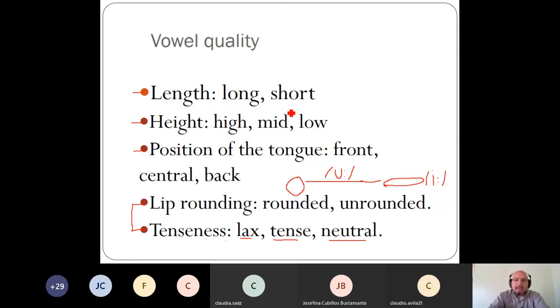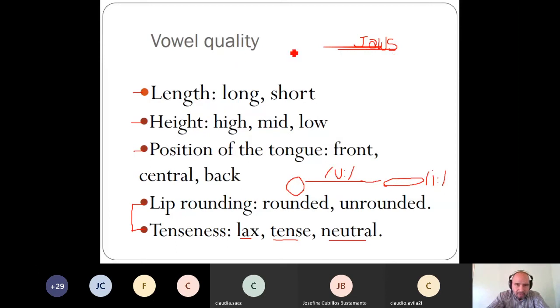Jaws is what we say in Spanish, mandíbulas, right? The jaws. For example, when I say E and when I say the second sound, the jaws are almost closed in the first one and very, very open in the production of the second one. So that criterion is not present here.